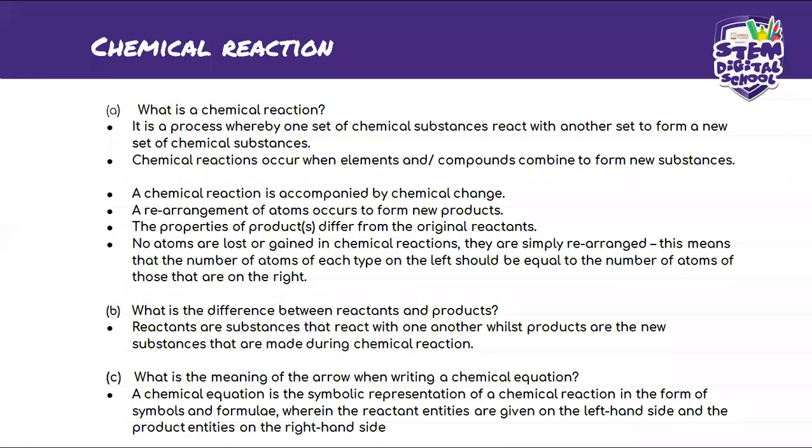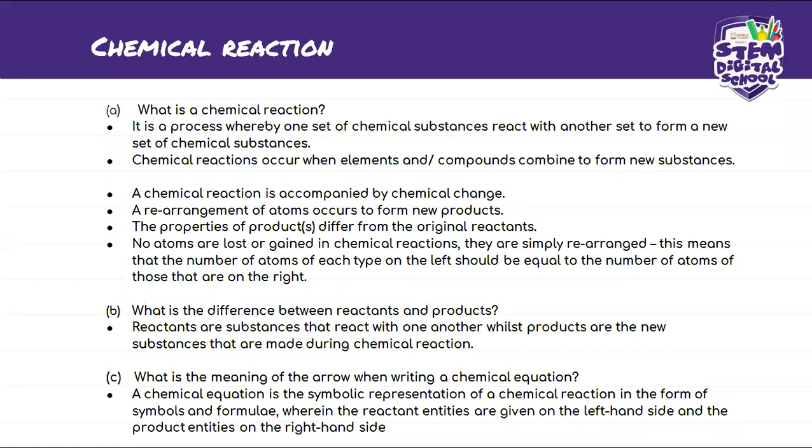A chemical reaction is accompanied by a chemical change. So what we know is that in a chemical reaction, we have a rearrangement of atoms to form new products. And when these products are formed, the properties of the products are different from the original reactants.